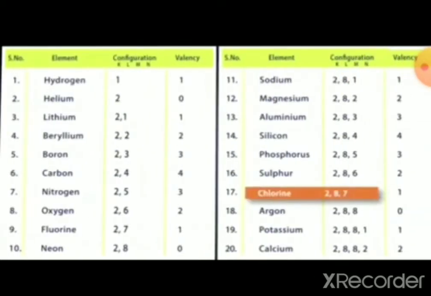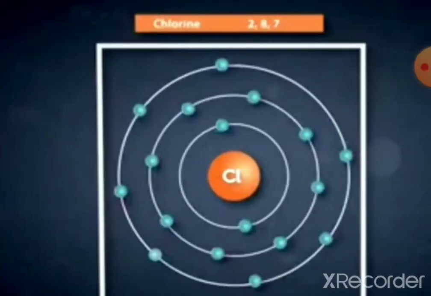Next, take another example, chlorine. Chlorine has 17 electrons and the electronic configuration is 2, 8, 7. It also has 4 shells, but only in 3 shells the electrons are distributed.